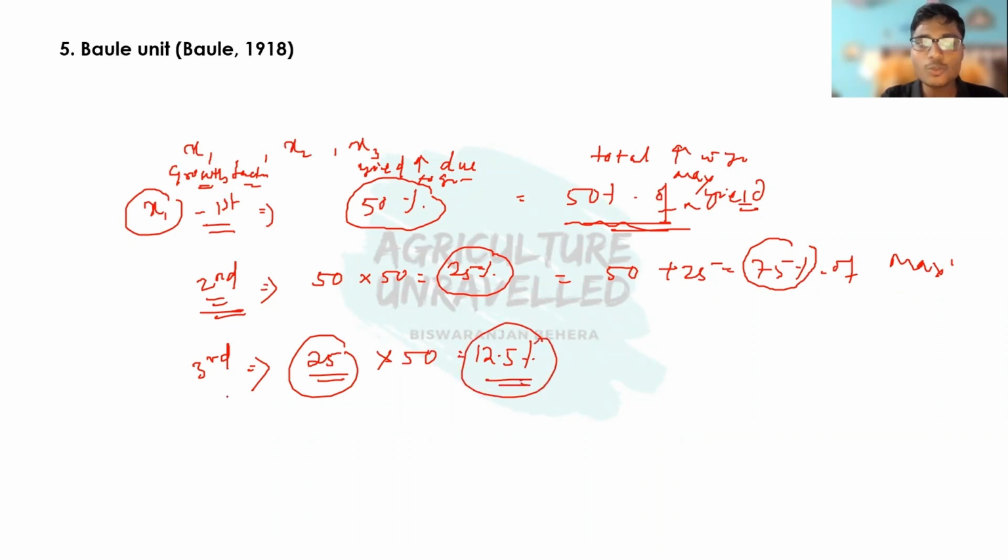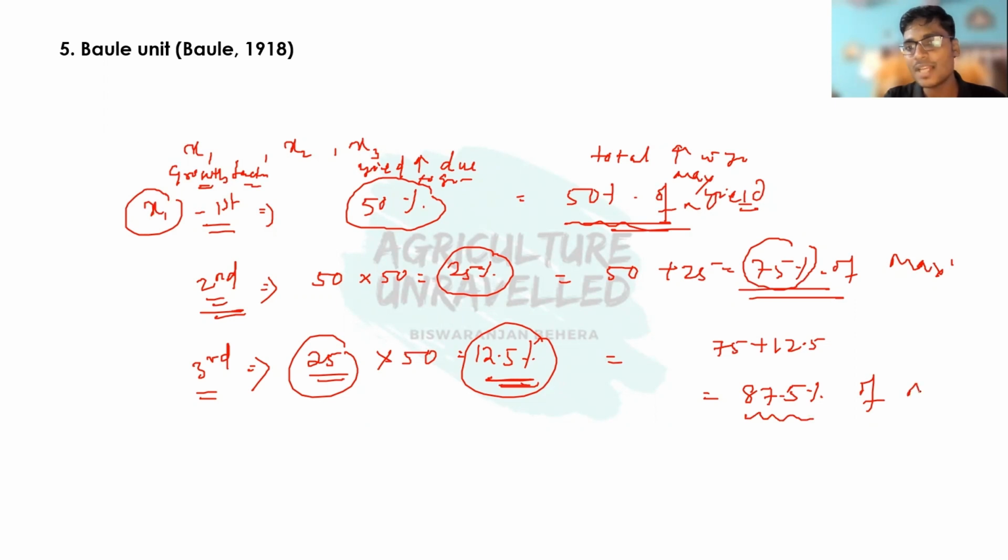So yield increase due to the third Boule unit is 12.5%, but the total yield increase is 75 plus 12.5, that is 87.5%. By applying these three Boule units, we have achieved 87.5% of the maximum yield. And if we ask what is the yield increase due to the application of the third Boule unit, then the answer is 12.5%.